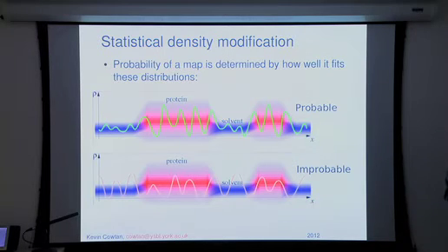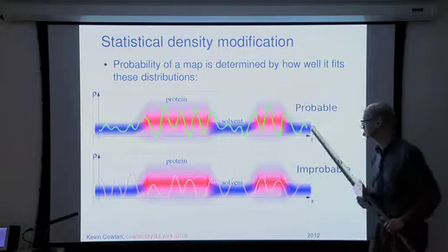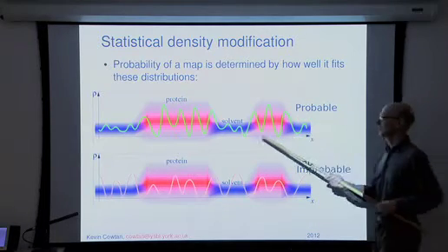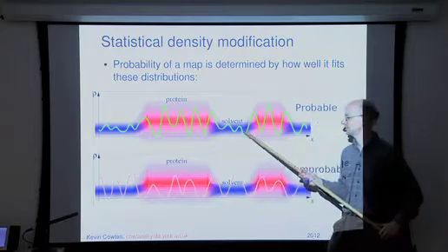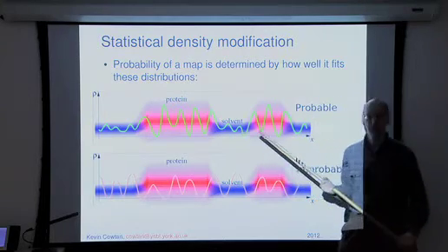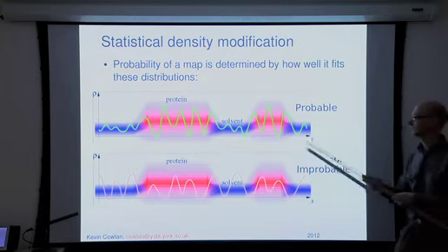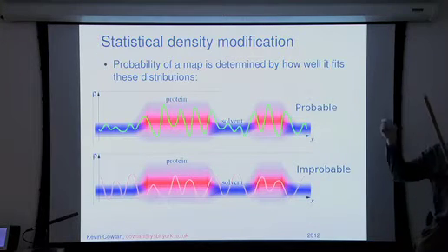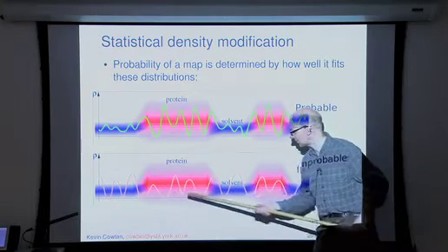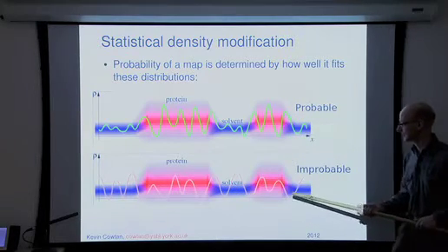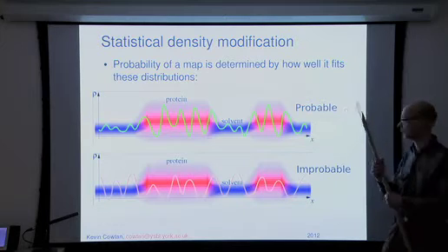So that means that if someone gives us an electron density map, say this yellow one, we can say, actually, this looks quite a plausible map because it has more variation in the protein, less in the solvent, higher mean in the protein, lower mean in the solvent. So it looks plausible, and we can turn this into a probability and give it a number, how probable this map is. If someone gives us this orange map, we can do the same calculation, and it will immediately tell us that this map is improbable.